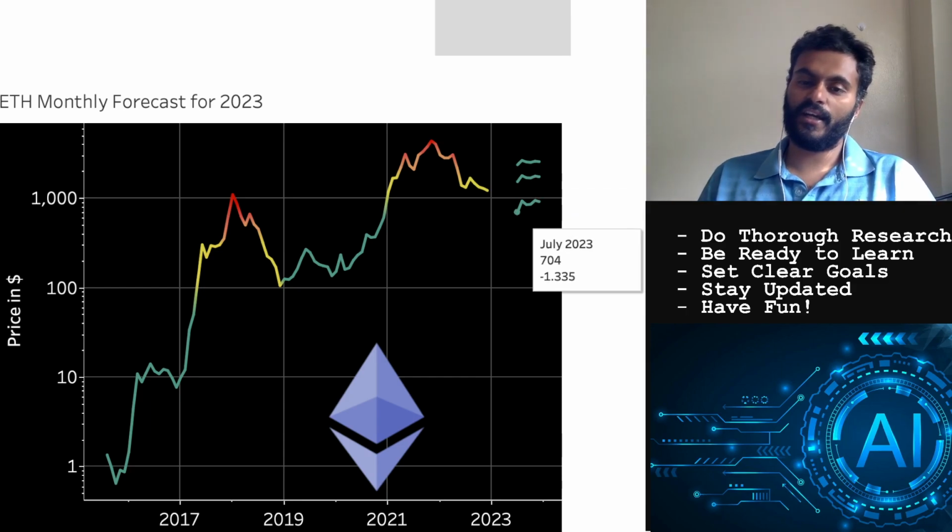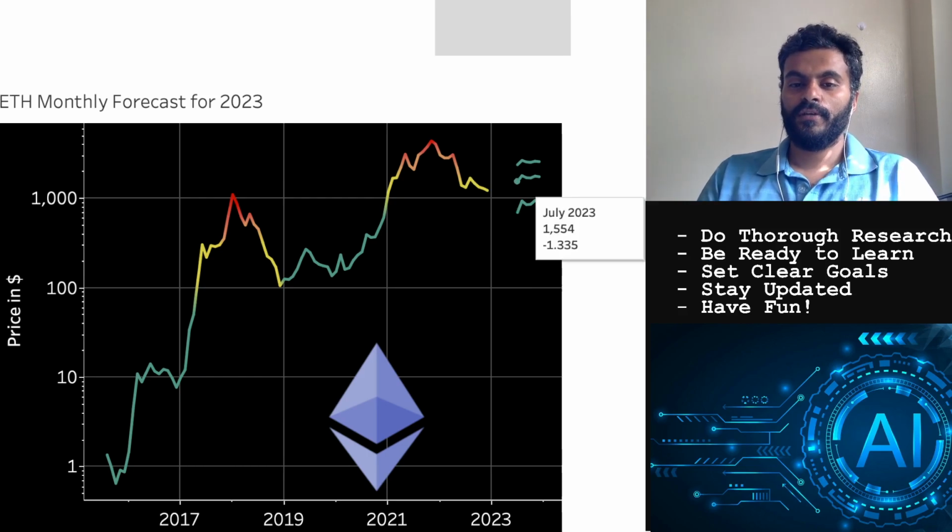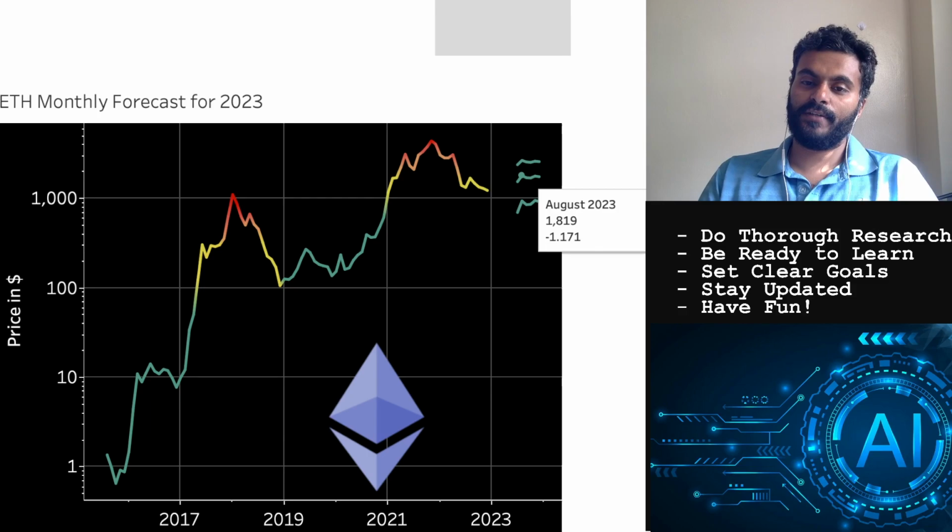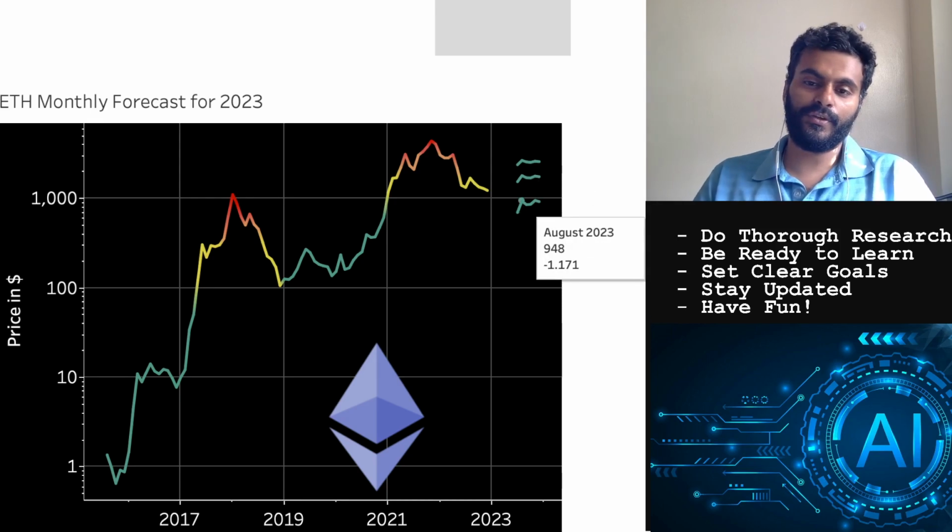Similarly, if we have a crash in July, the point at which this could have a buy signal, potentially using historical data, is at 700 US dollars. For August, as I said, it's 1,800, while the theoretical ceiling is almost 2,700, whereas the floor rises to about 950 US dollars.